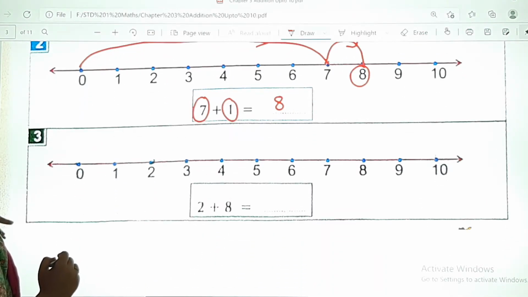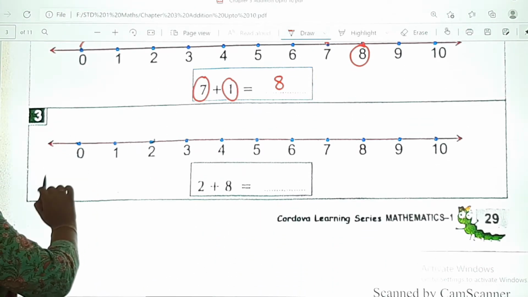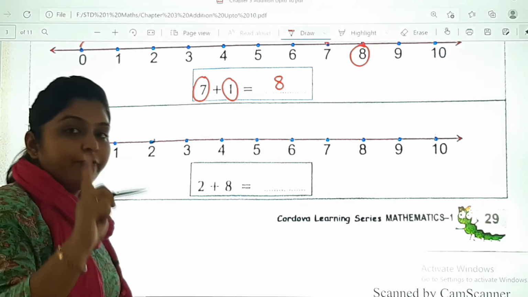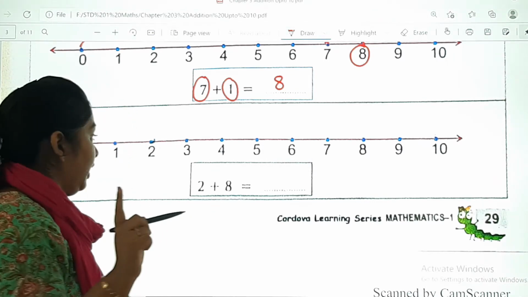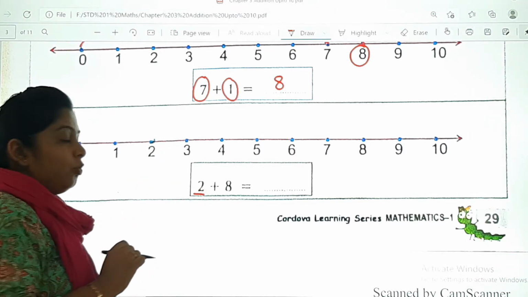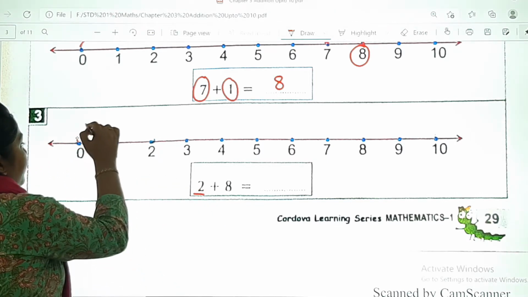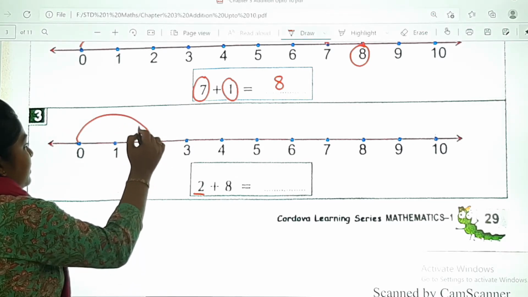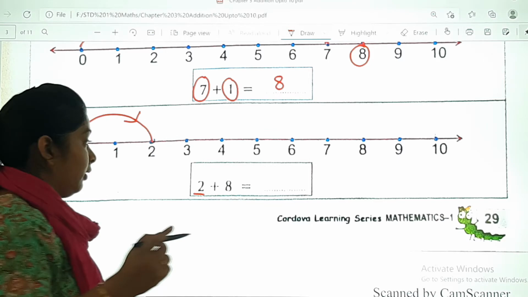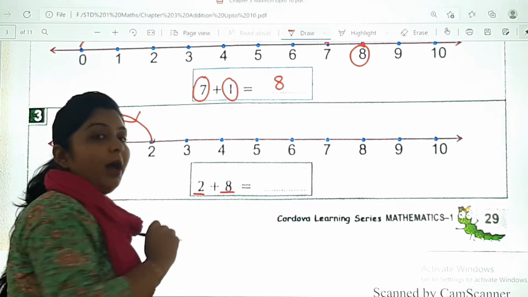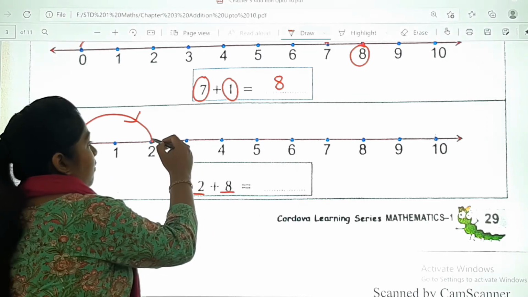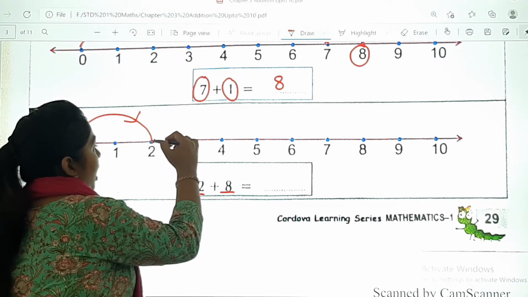Next, again the third one. Now this you will do on your own. Ma'am will give you the hints, okay? First of all, here you have number 2. So let us move the kangaroo 2 steps, okay? 2 jumps. Then the second time, where does the kangaroo have to reach? 8 steps further. So from 2 you will start.